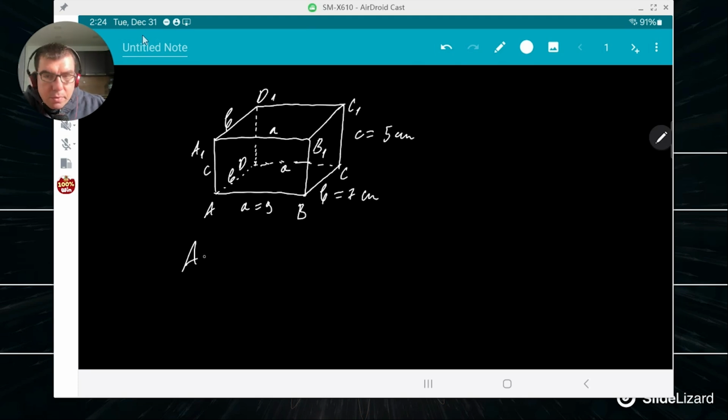Therefore, the formula for the total area would be 2 times, and then we sum the area of the three different faces.